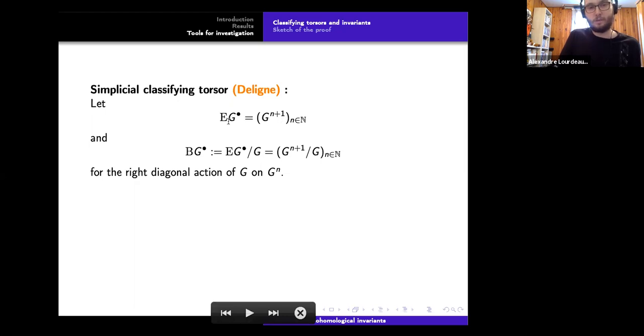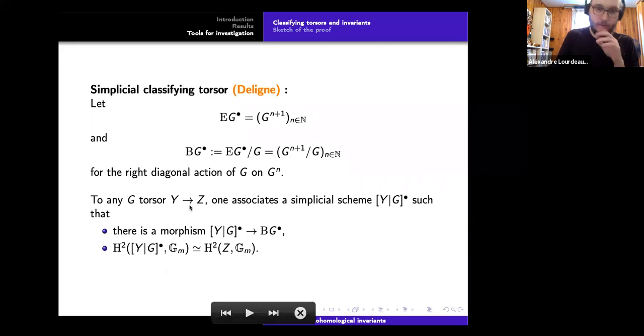And on this simplicial scheme, we can make G act on the right, and when we take the quotient, we obtain the simplicial scheme BG. And in the sense of simplicial schemes, EG will be a G torsor over BG. And actually, it is a more general G torsor in the following sense.